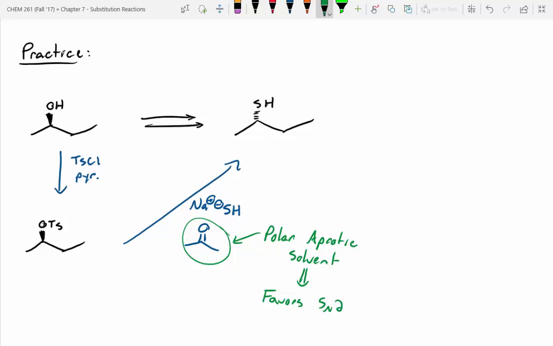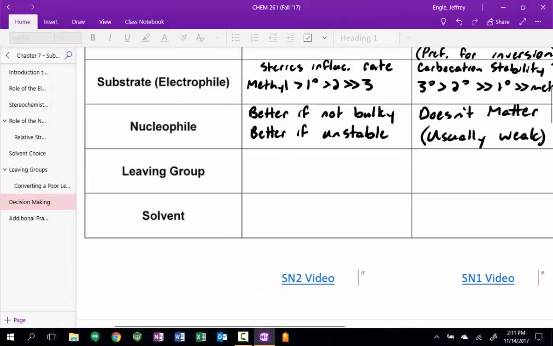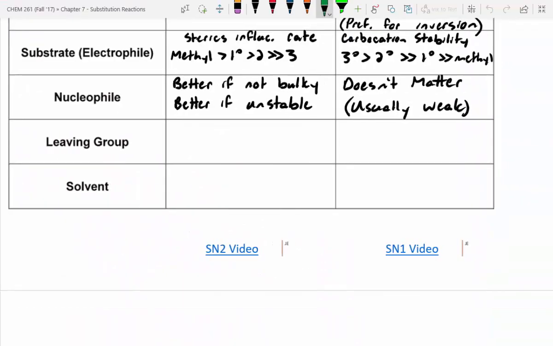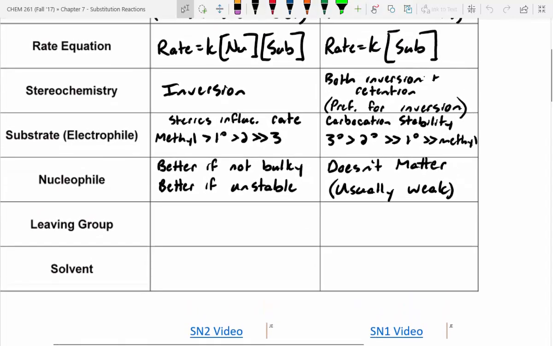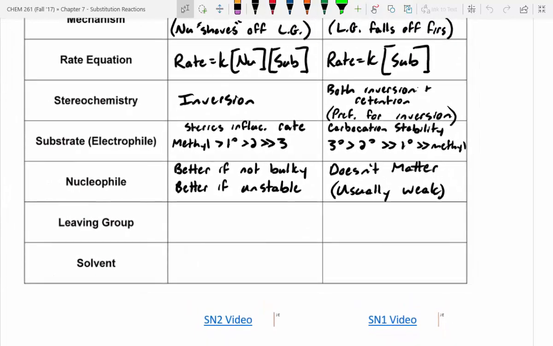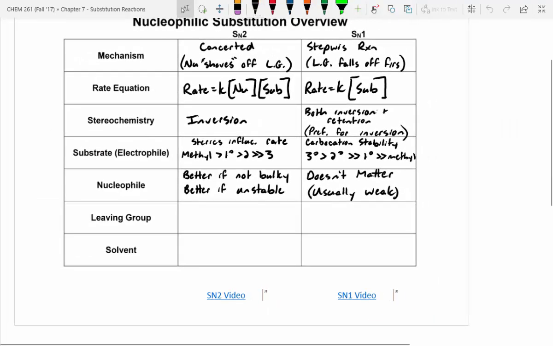All right, so now let's fill in our decision-making chart since we've covered a few more topics. So if you have that, pull out that chart. We've got our final two rows in here. So the first one's our leaving group. Which one is more important for leaving groups, SN1 or SN2? SN1.